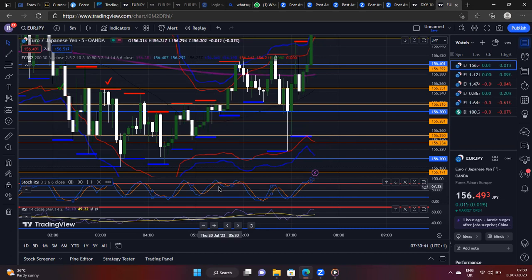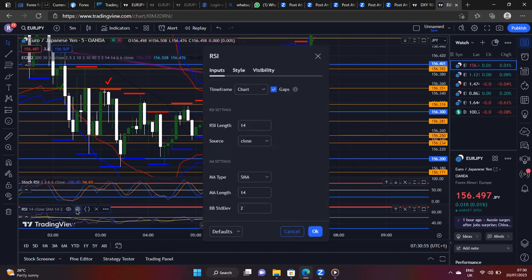I believe it's clear. Now, for the RSI setting alone, like I mentioned, you drag your cursor or point your finger close to an indicator and icons will pop out. You click on the setting icon and configure it. For RSI alone, RSI length is set to 14.